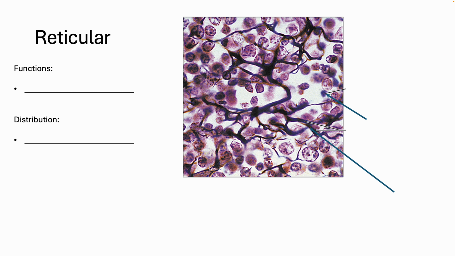Reticular tissue is going to be made up largely of reticular fibers with other cell types present. It has a loose ground substance. White blood cells, mast cells, macrophages, all of those are going to be present in these tissues.